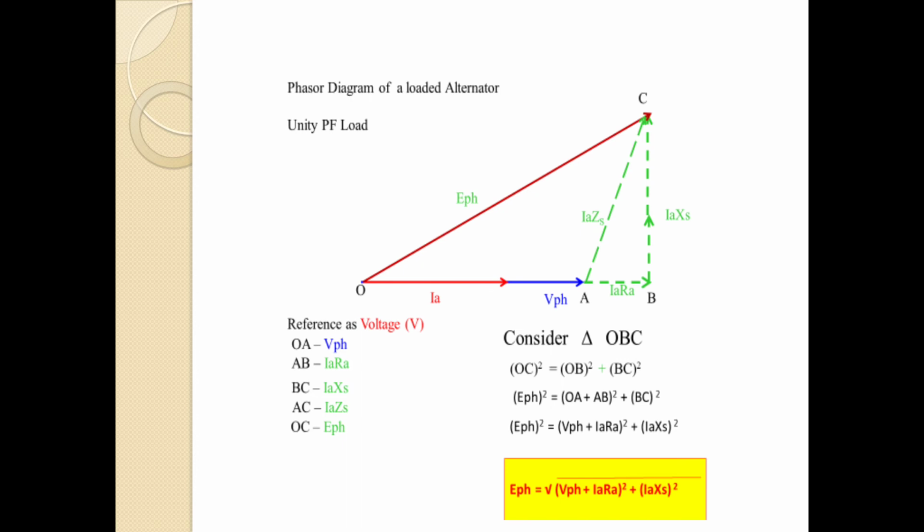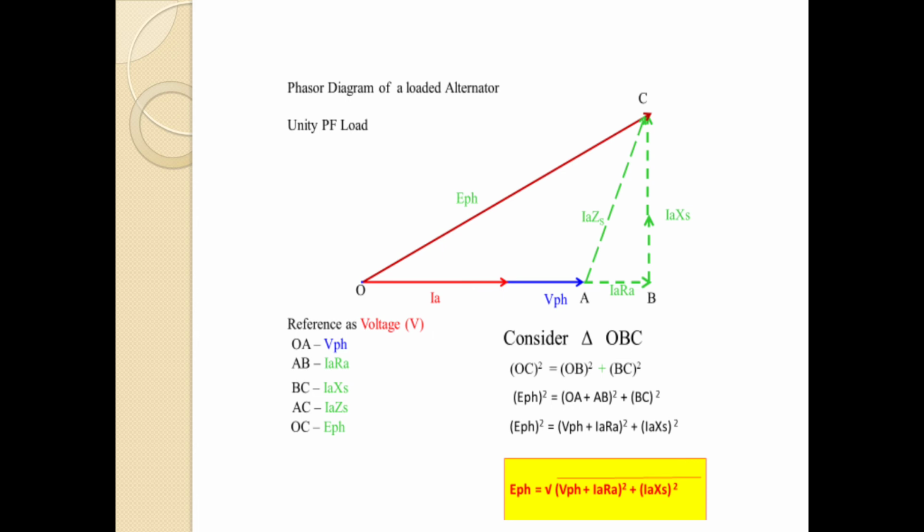Consider the triangle. By Pythagoras theorem, OC square is equal to OB square plus BC square. Applying the values, E phase square equals (OA plus AB) square plus BC square. So the formula is E phase equal to root of (V phase plus Ia Ra) whole square plus (Ia Xs) whole square.